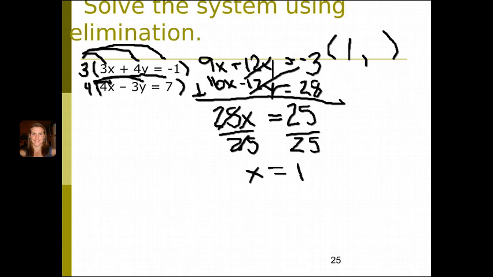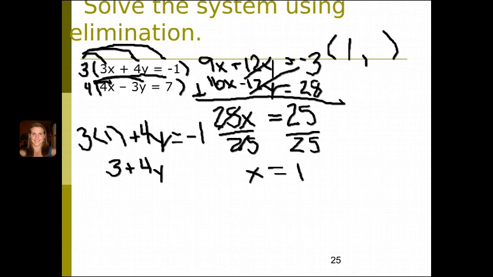So we have 3 times 1 plus 4y equals negative 1. So 3 times 1 gives us 3 plus 4y equals negative 1.